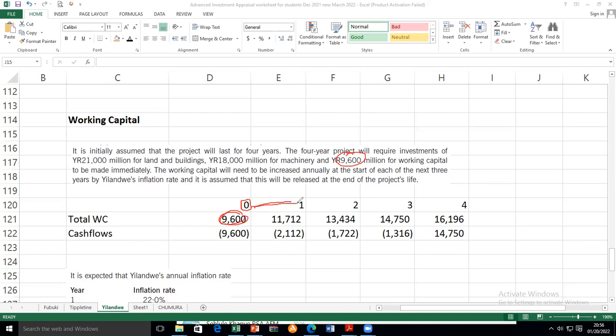After you have run your business for this year, this will not be adequate. We need to increase this by the inflation. What was the inflation? 22%. So you increase this by 22%.